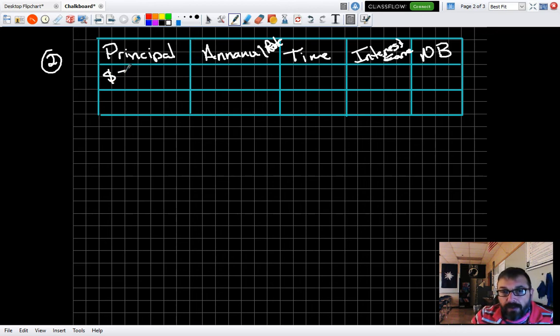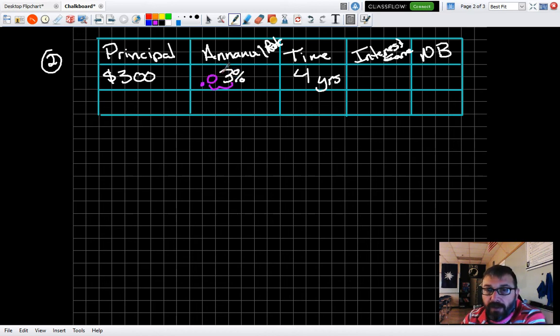So we have $300 in our principal at a 3% rate for 4 years. All right. So first things first, I need to recognize 3%, I have to change it to the decimal equivalent. And we can do that by moving the decimal 2 times, 0.03, and then get rid of that decimal.